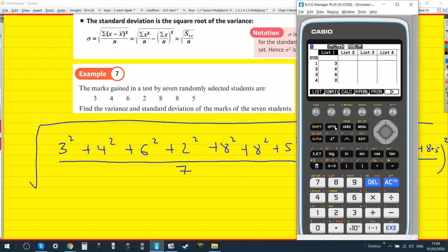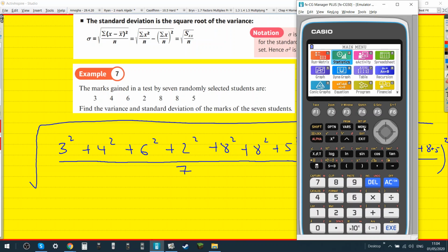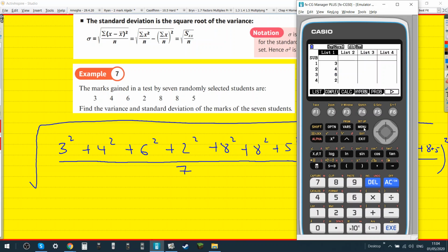Sorry, how did you get to that list there? Menu 2, I believe. Menu 2 for statistics. Is that on the graphical? That's on the graphical, isn't it? This is graphical, yeah. If you're using the simple, which one are you using? I've got both here, so I'll just use the graphical.